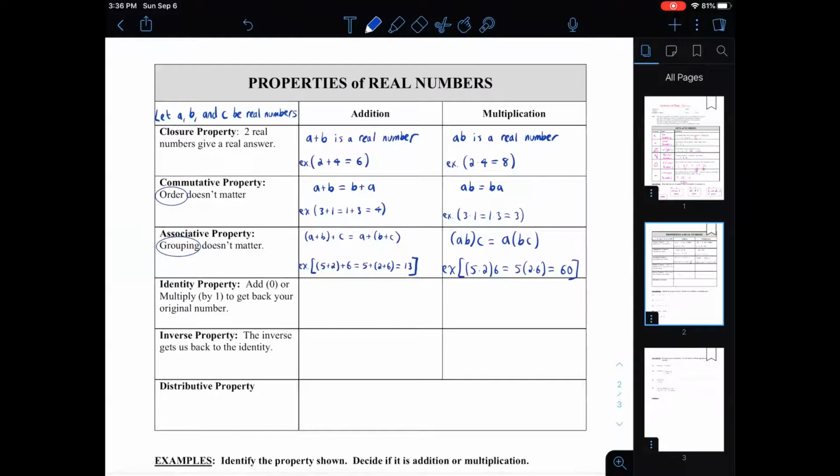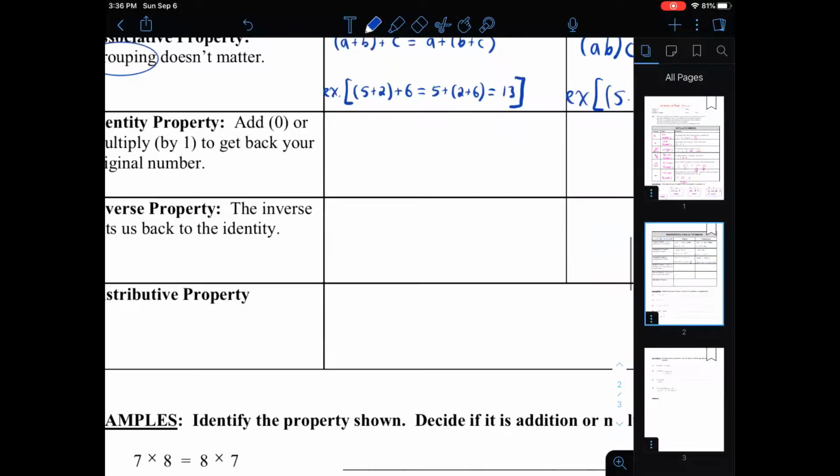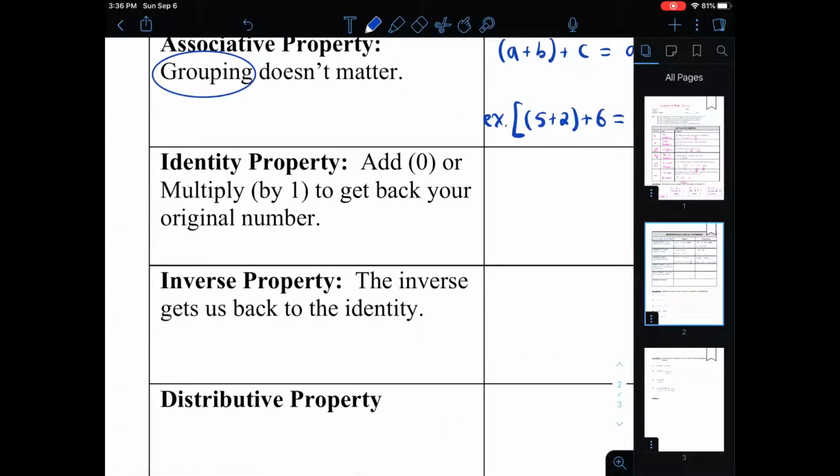All right, almost done. Okay, identity property. So add 0 or multiply by 1, you get back to your original number. The reason they're called identities: what happens when you add 0 to something? What's 5 plus 0? It's just 5, right? Let's circle 0 and 1.